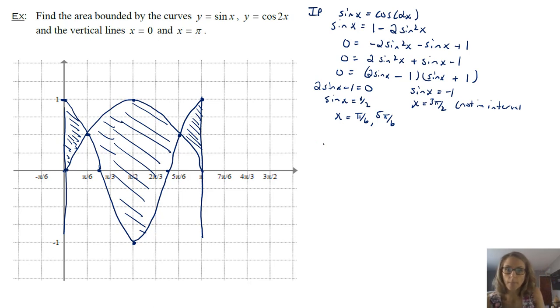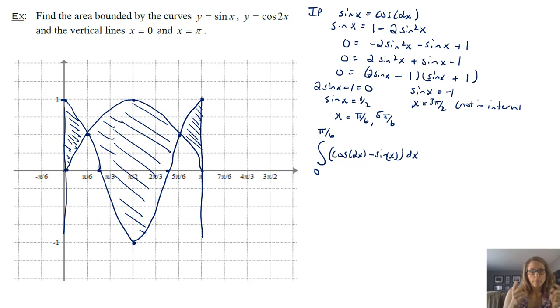So from 0 to pi over 6, I want you to see that the cosine of 2x is above. So we'll have the integral of cosine 2x minus sine x dx. But I want you to see that the last piece is going to be the same size.